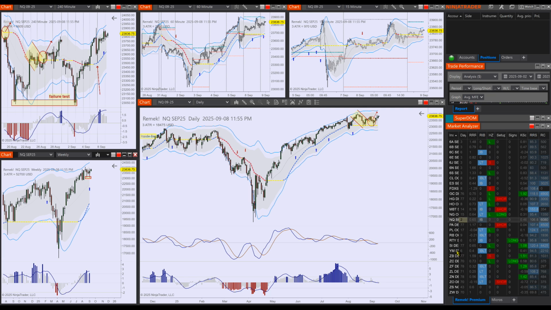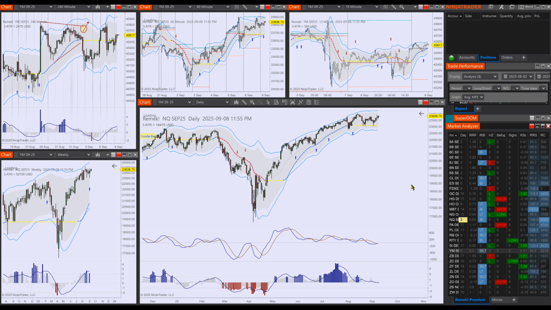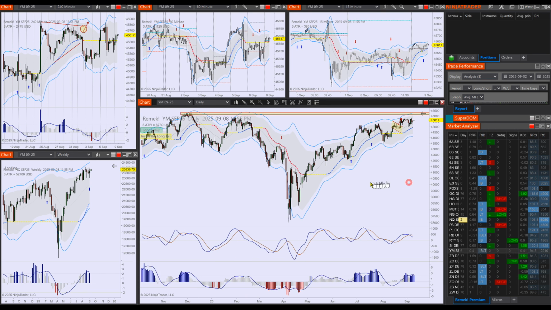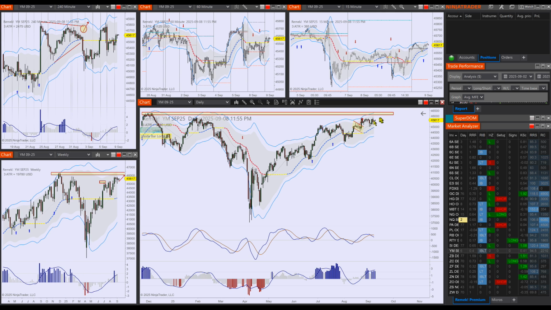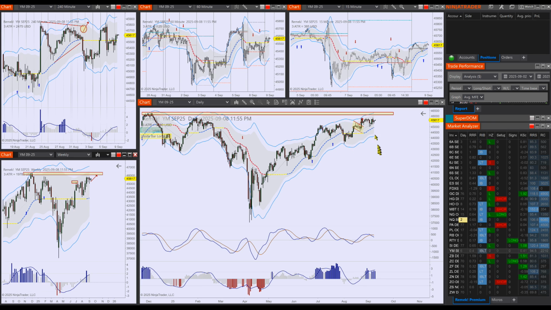On to YM. The YM, we have a little more distance to go. As you know, look at the daily chart, and also the weekly will be marked up. So 46,000 or so is what we're targeting, and most likely that's what we're going to hit soon. Look at the bottom tails. Every drop has been bought up by the bulls.